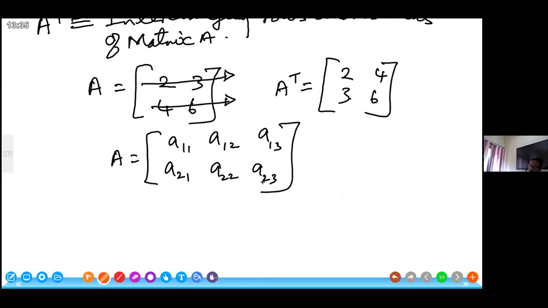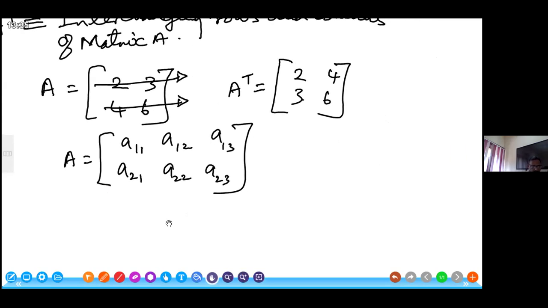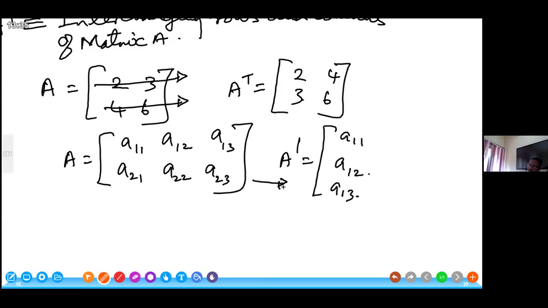When it is A transpose, it becomes A11, A12, A13, A21, A22, A23 arranged by columns.